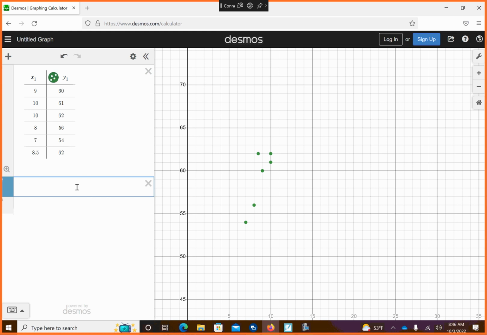All right, so let's see if I can remember this. If I wanted to get my line of best fit, I'm going to go y_1, and I'm going to use the tilde command. I just have to remember where tilde is. It's shift up here. Then mx, plus b.